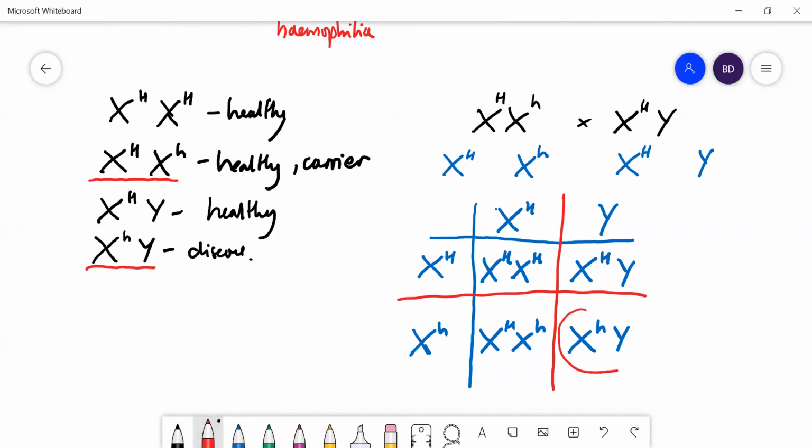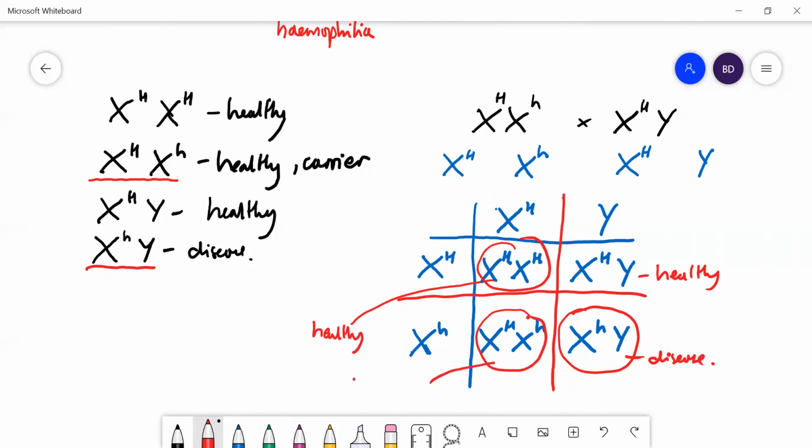So this one is going to be disease, healthy, this one here, healthy and not a carrier, and this one here, she will be healthy, but she will be a carrier.